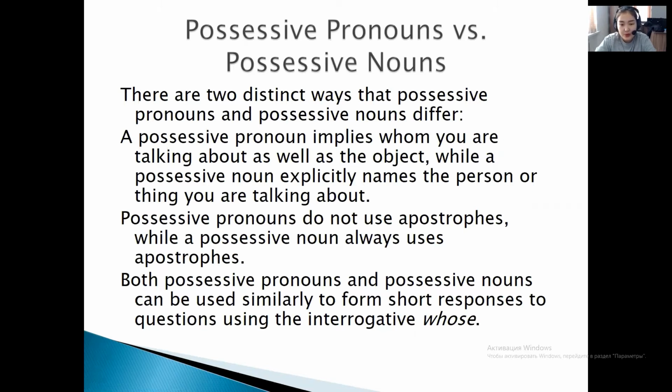Possessive pronouns do not use apostrophes, while a possessive noun always uses apostrophes. Both can be used similarly to form short responses to questions using the interrogative whose.